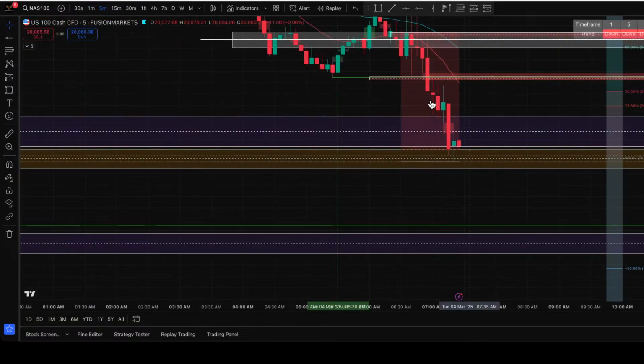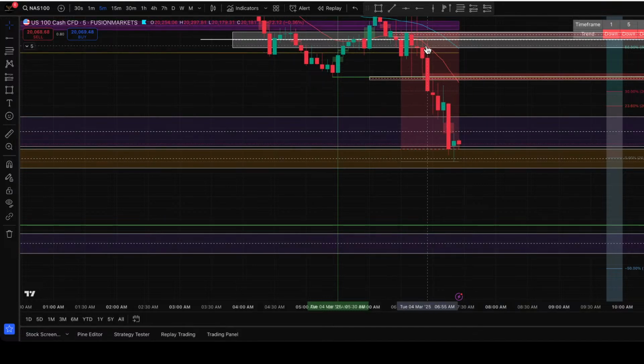If you look on the 5M, this is all one progressive leg. From here, all the way past the manipulation move, all the way down. That means there's been no double break. So it's still clean, which lets me know that it wants to retrace deeper, unless we get that double break, which we haven't yet.